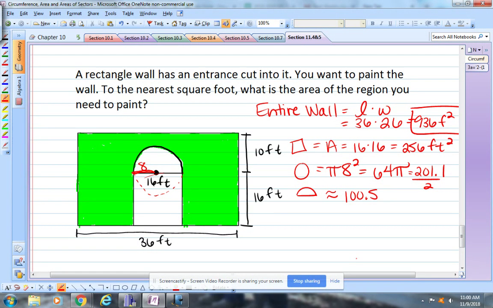So we can add the rectangle plus the semicircle and subtract from 936 to get the area of the whole arc. Y'all see that? Okay. So let's add 256 plus 100.5, sorry.